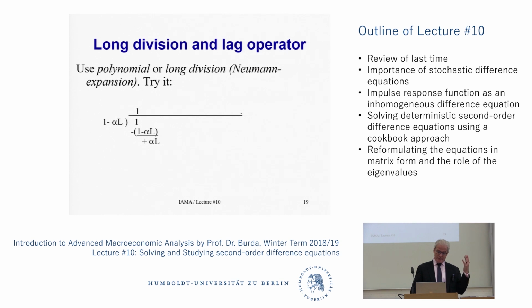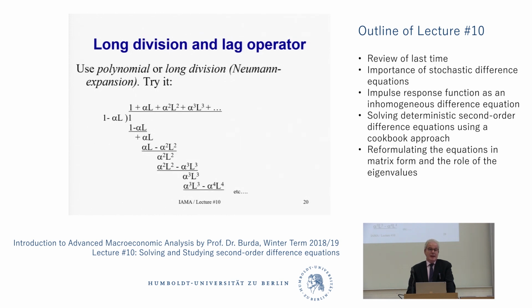So I put in 1, multiply by 1 minus alpha L, subtract. What do I get? I get alpha times L. So the next step would be to divide 1 minus alpha L into alpha L. And keep doing that, and you get what's called this long division polynomial Neumann expansion.